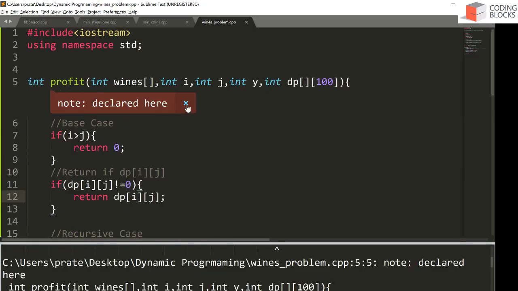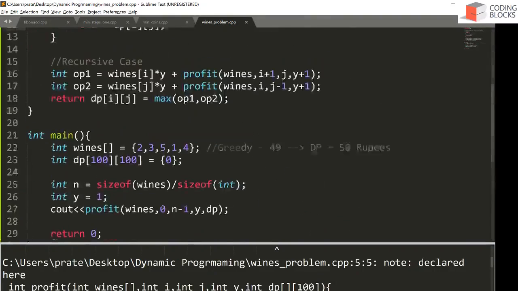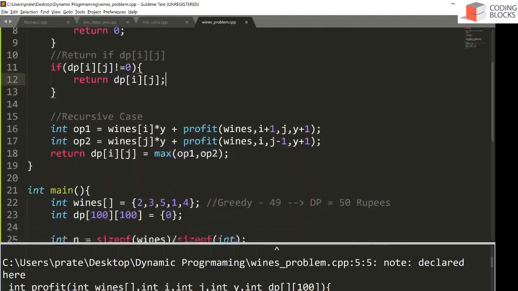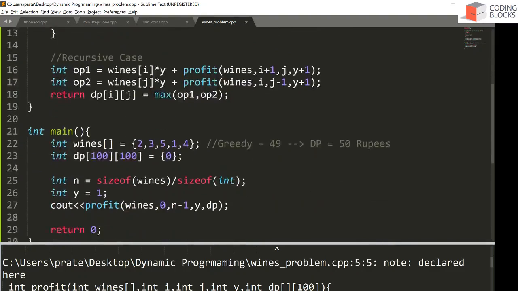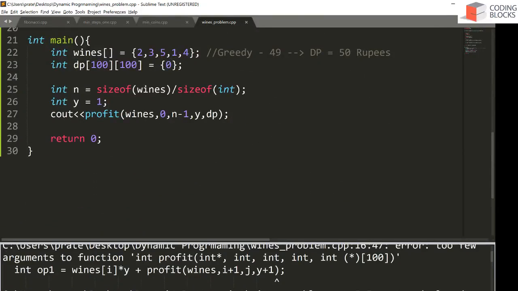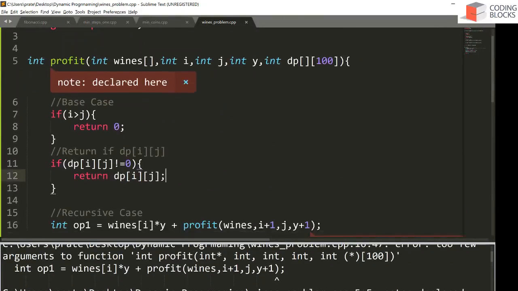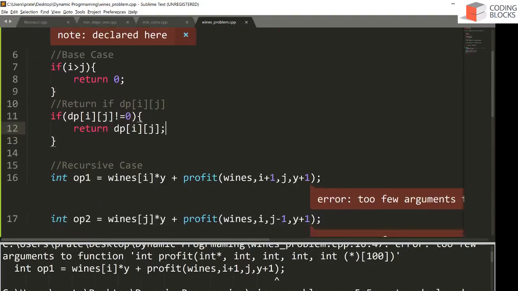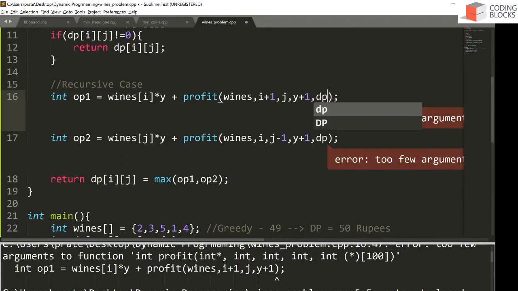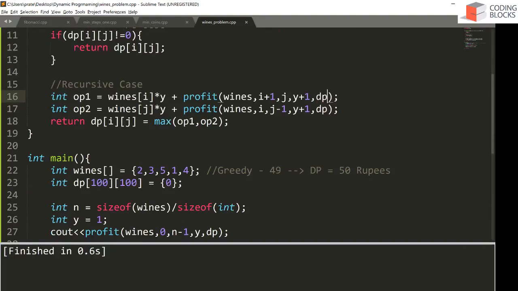We also need to pass the dp array in the function call here also, then build our code, right?